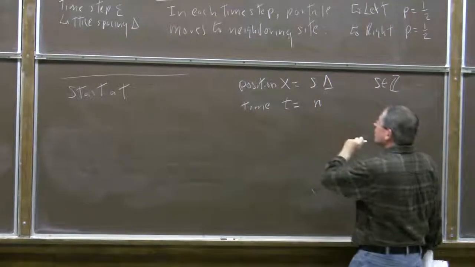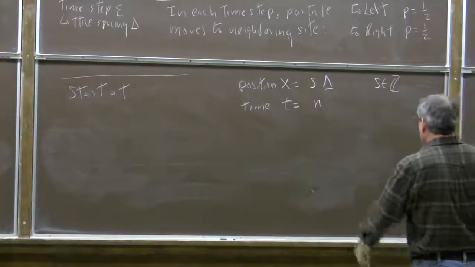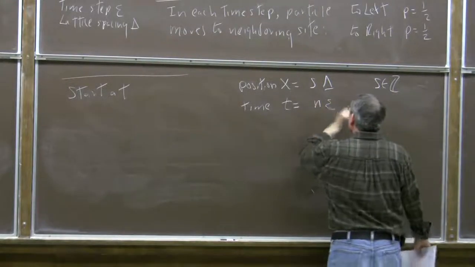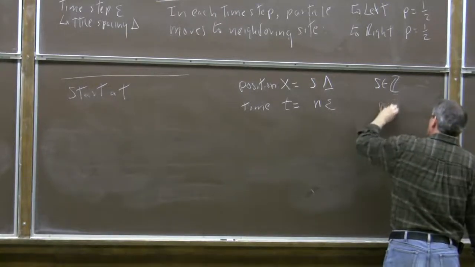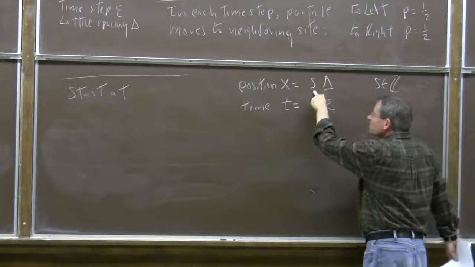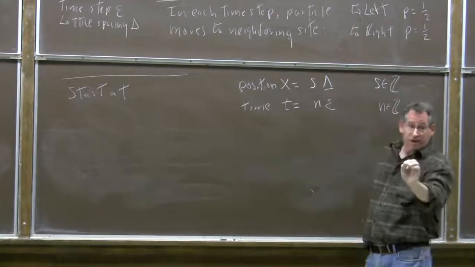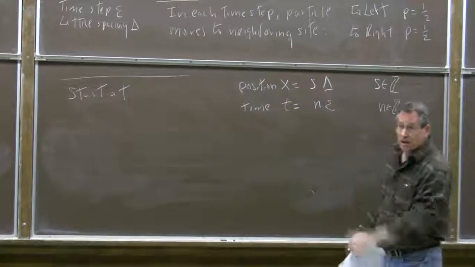I may regret that since it's not the same thing as the density, but that's what I have in mind, so stick with it. Where n is an integer. So n goes to n plus 1, that means we go from a time step to the next time step. And when s goes to s plus 1, that means the particle moves to the side on the right. When s goes to s minus 1, it moves to the side on its left, right?